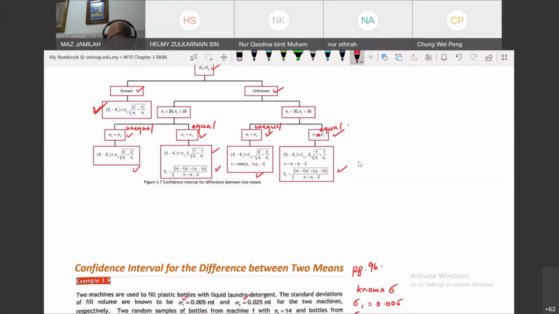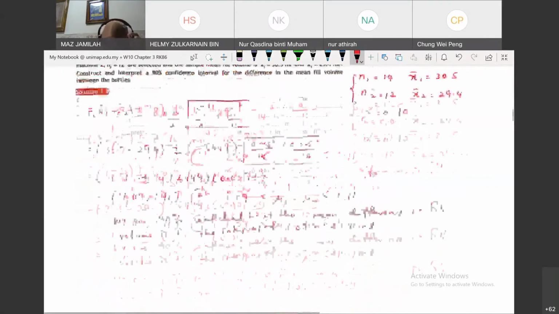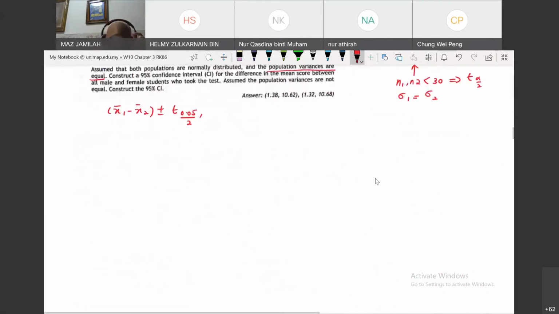Okay, n less than 30, equal variance, so this will be the one that you are going to use. So you have t alpha over 2 times the multiplication of your Sp.